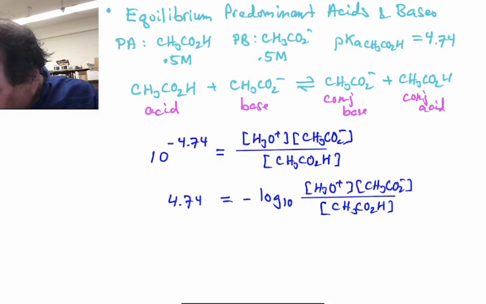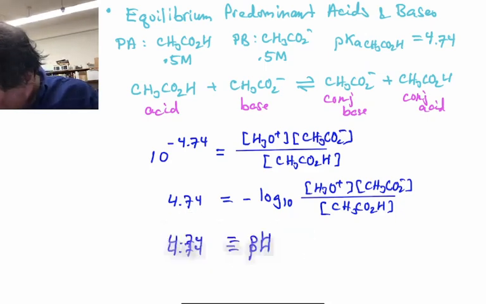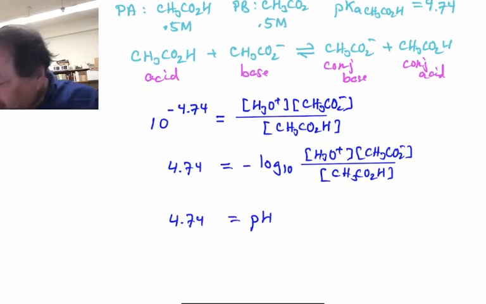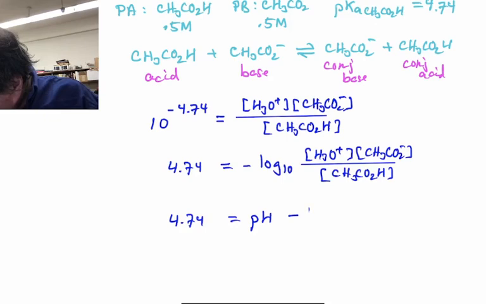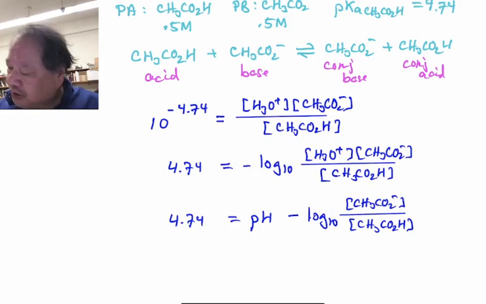So we're going to end up with 4.74 equals the pH minus the log base 10. What's remaining now is just the CH3CO2 minus concentration divided by the CH3CO2H concentration.